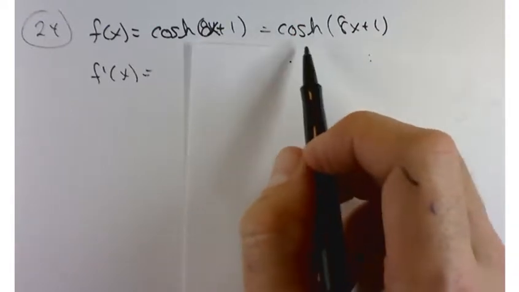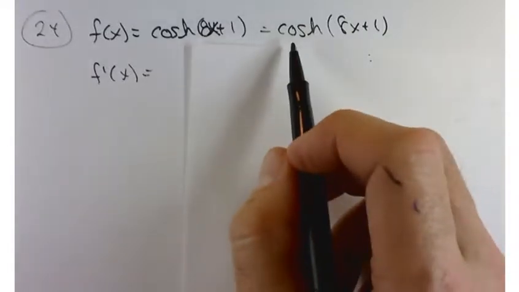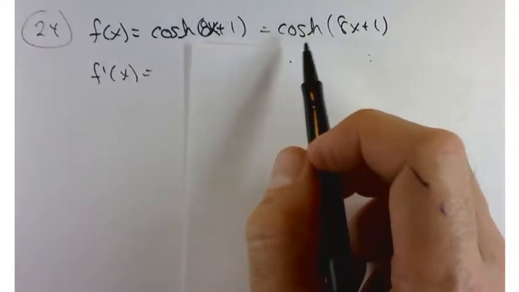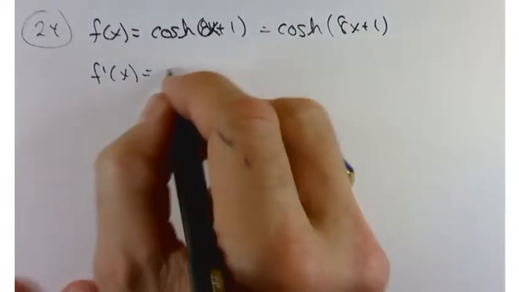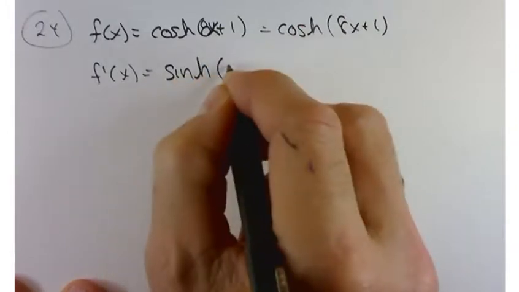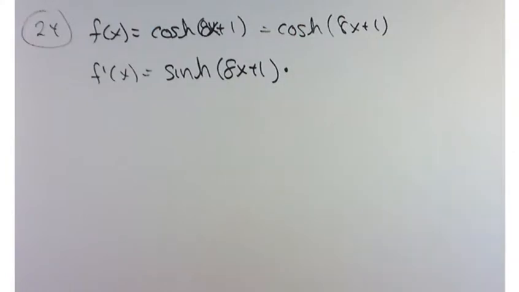You've got an outside function and an inside function. So the derivative of the outside, derivative of cosh, is what? Good. Sinh, sine h. So sinh of 8x plus 1 times what? 8, which is the derivative of the inside.